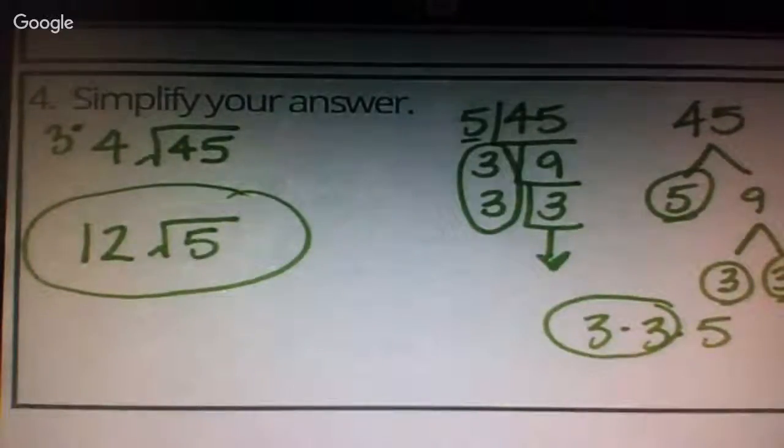So for instance, if you had the cubed root of negative 500.